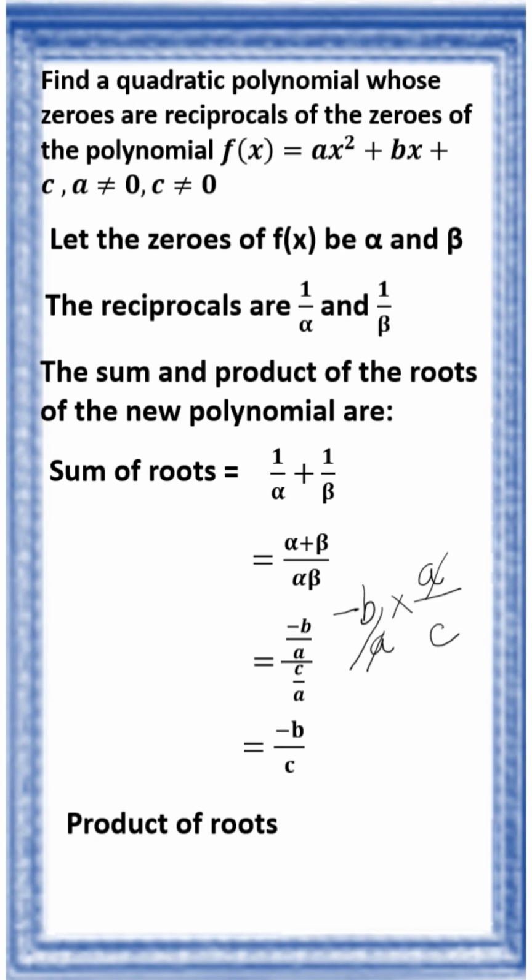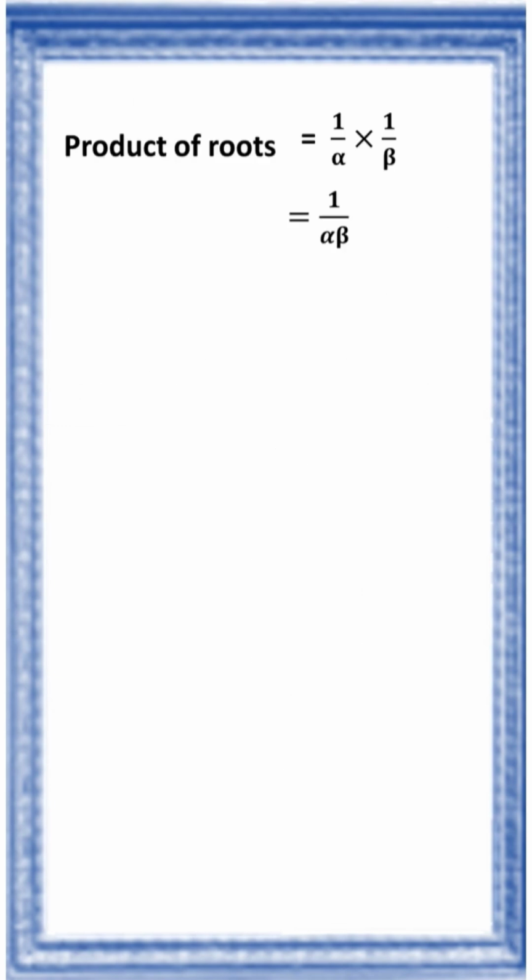Product of the roots. How can we get 1 by alpha into 1 by beta? That is equal to 1 by alpha into beta. So now 1 by alpha into beta is 1 by c by a. If we multiply by taking the reciprocal of the denominator, that is equal to a by c.